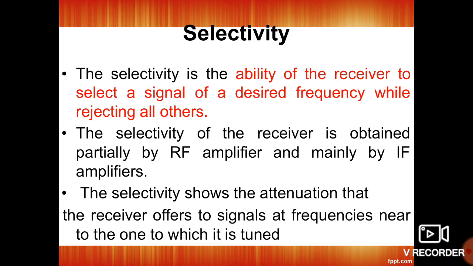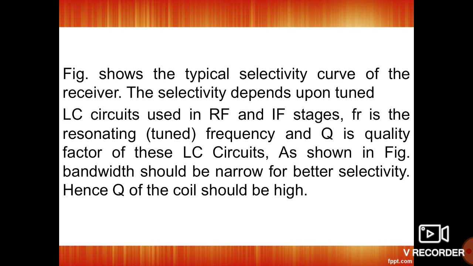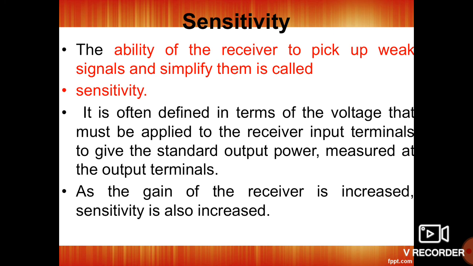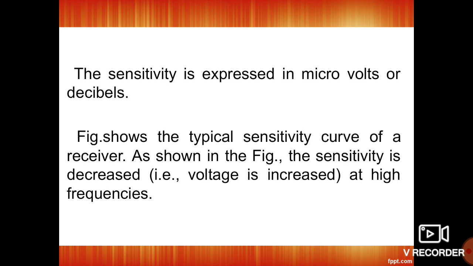So the superheterodyne receiver has better selectivity compared with other receivers. Sensitivity is the ability of the receiver to pick up weak signals and amplify them. That is called sensitivity. Sensitivity is expressed in microvolts or decibels.